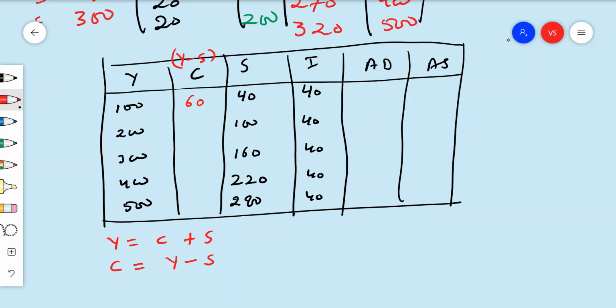Now 200 minus 100 is 100. 300 minus 160 is 140.